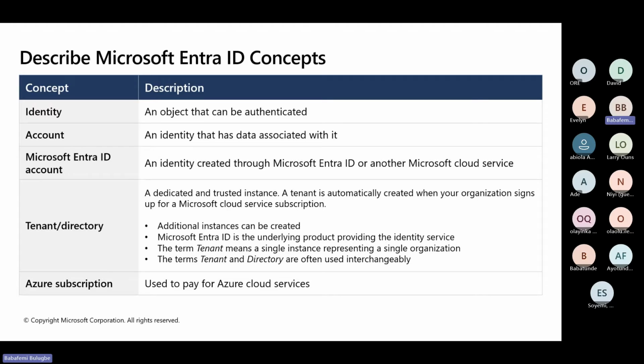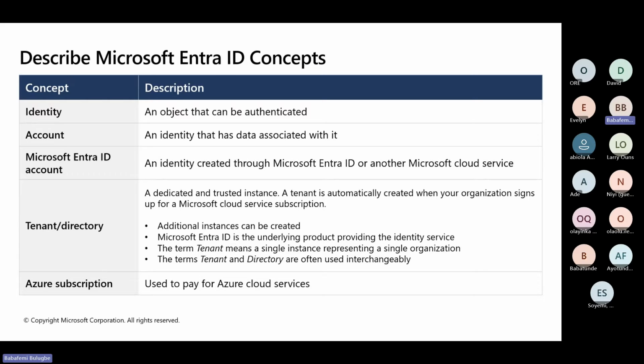Maybe when you want to sign in into Azure, or you want to sign in into an application, or into a device, you need an identity to be able to perform that authentication. You can actually sign in using an application. We'll get there. We'll create what we call a service principal, but for now, take it as an application. You can also access your resource using a user account. So an identity is an object that can be authenticated.